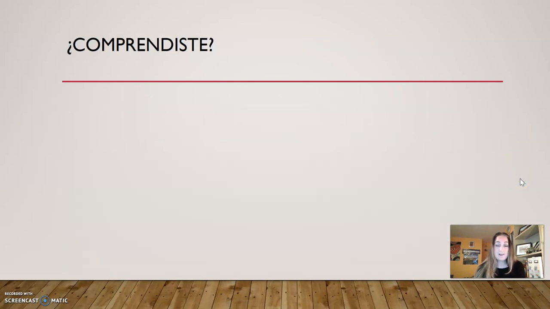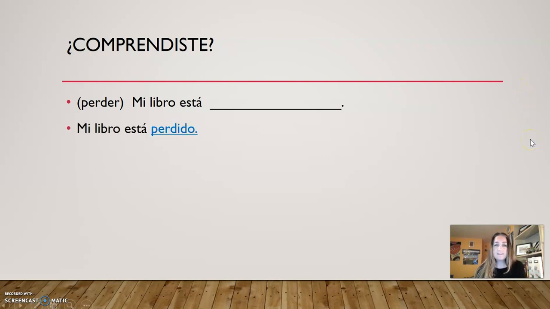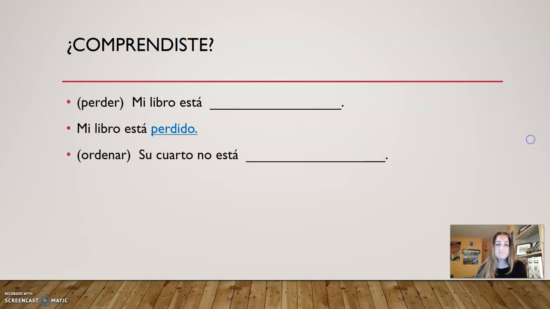Let's give it a try. You can pause if you need to take a little bit of time. How would you complete this sentence with the past participle of perder? If you said, mi libro está perdido, you are correct. How about this sentence with the past participle of ordenar?